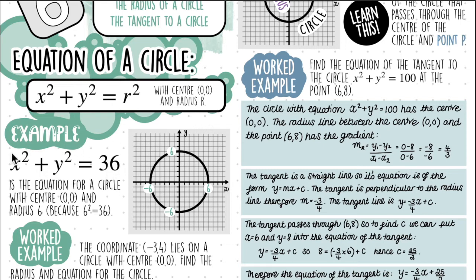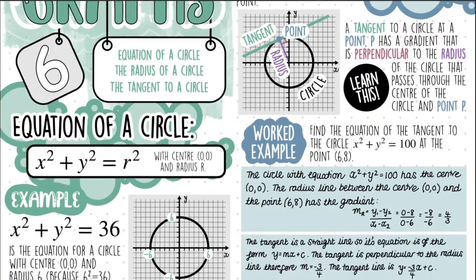So the radius of this circle must be 6. If this equation is drawn on a graph, then it looks like this. This is the circle with centre 0, 0, and you can see that the distance between the centre and the edge of the circle is always 6, i.e. the radius of the circle is 6.